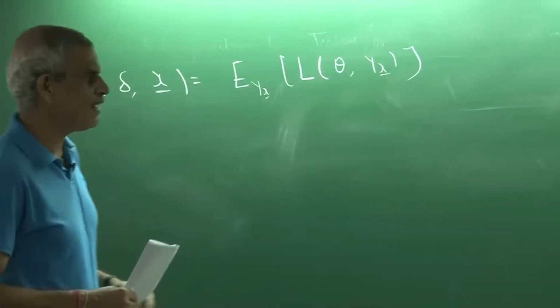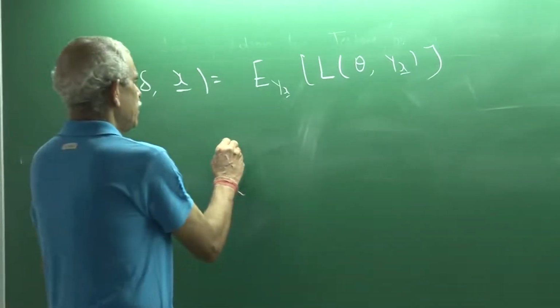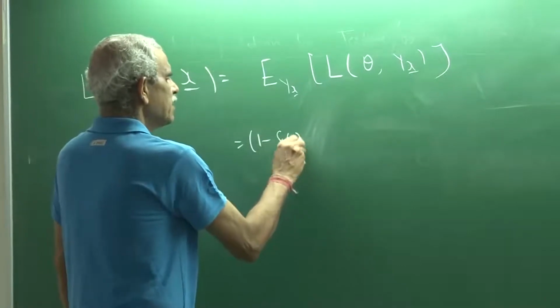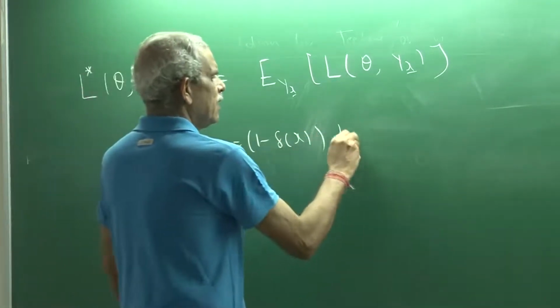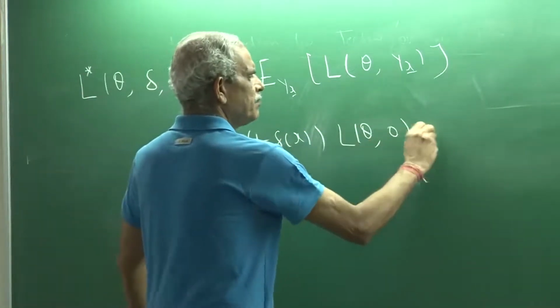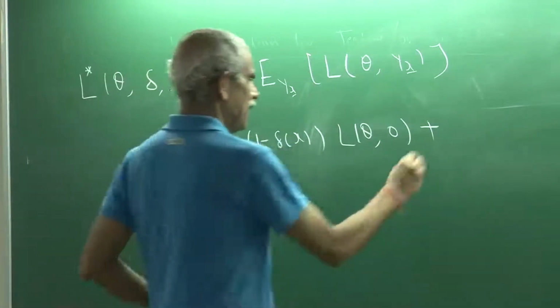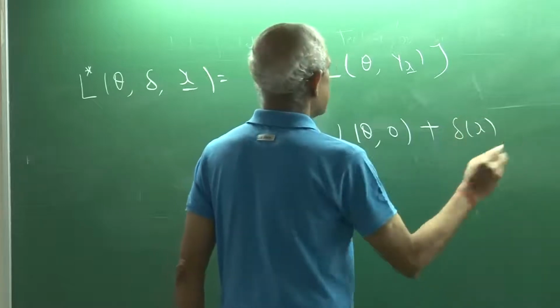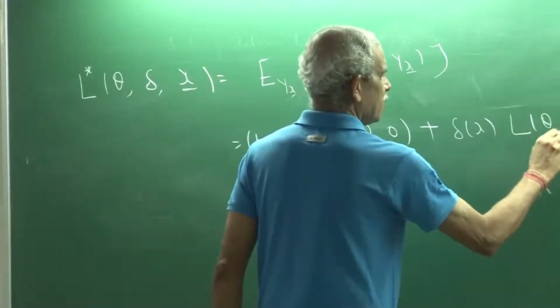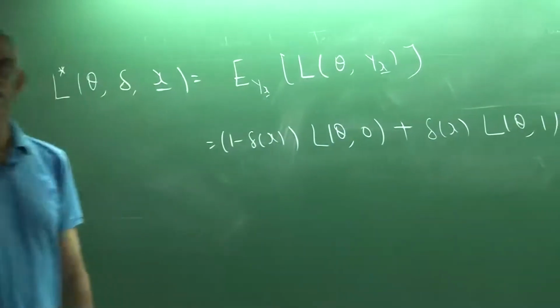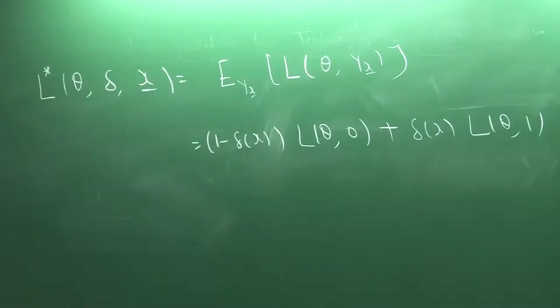So Y_x can take value 0, whose probability is 1 minus delta(x), and L(theta, 0). Then Y_x can take value 1, whose probability is delta(x), so delta(x) into L(theta, 1). So this is the average loss.